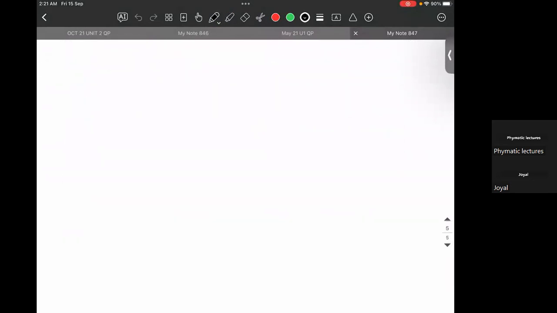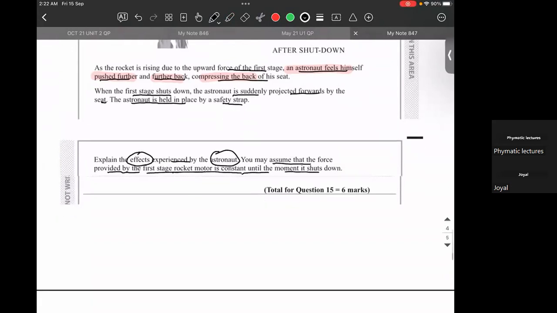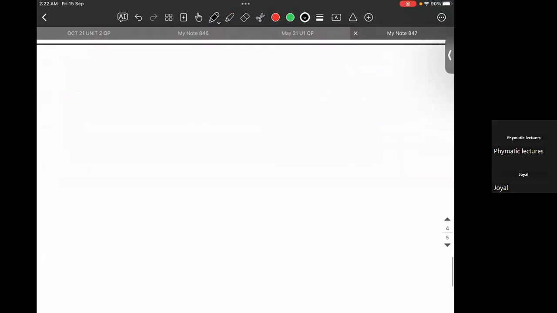We can start with what is given in the question: assume that the force provided by the first stage rocket motor is constant until the moment it shuts down. Based on that, we will be arranging the points.